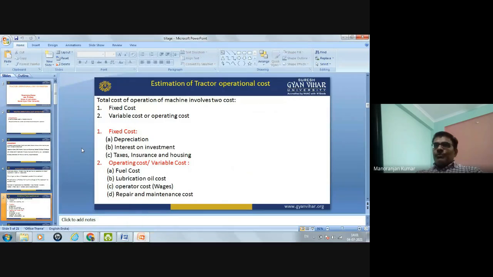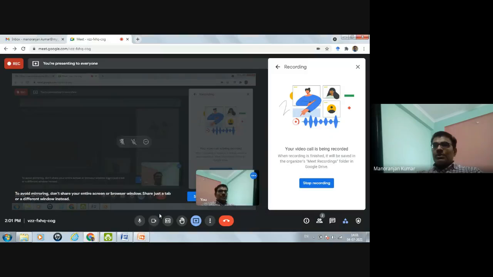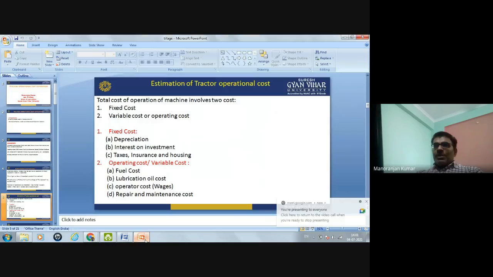Under the fixed cost, there are three parameters which we will see here: the depreciation, interest on investment, and taxes, insurance, and housing. All these three parameters are the fixed cost.